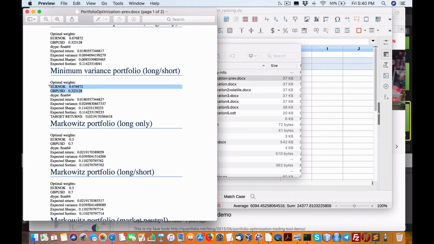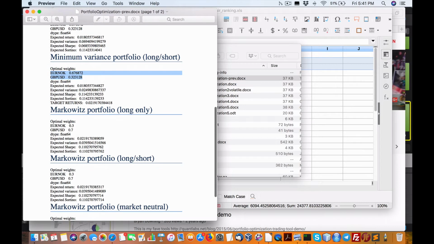So if you were to take, let's say, $1,000 and then allocate exactly this 0.6768% for the Euro Norwegian kroner, for instance, along with the British pound USD at 32.31%, you'll get slightly lower expected rate of return. If you were to stick with a Markowitz, you get a bit more mileage.